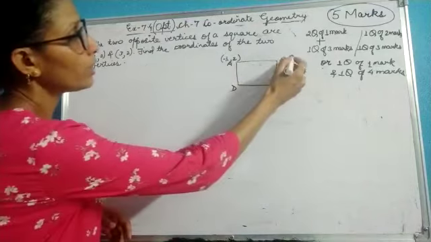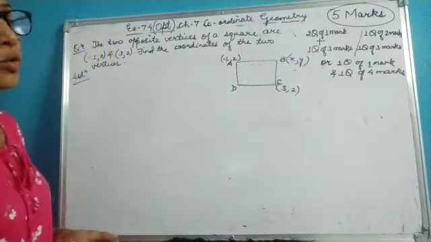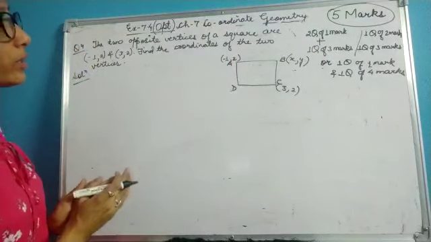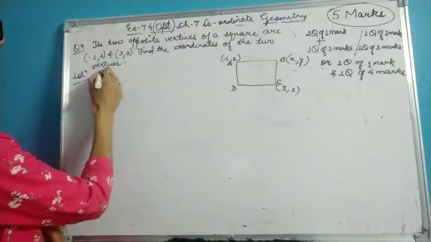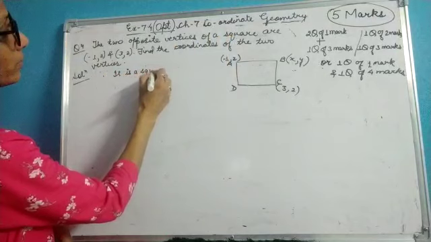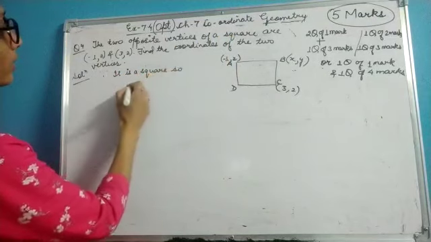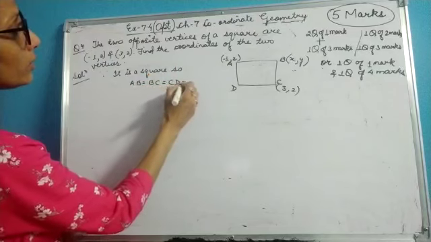So first of all, let's suppose the coordinate of B is x, y. Now what I can do here is, since it is given a square, so AB equal to BC equal to CD equal to AD.